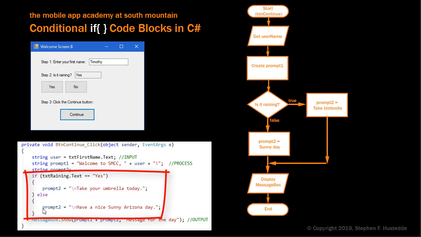And in this else structure, we set prompt 2 equal to new line escape character, have a nice sunny Arizona day. One of those two will be executed, and then we follow that with messagebox.show. So that is an if-else structure.